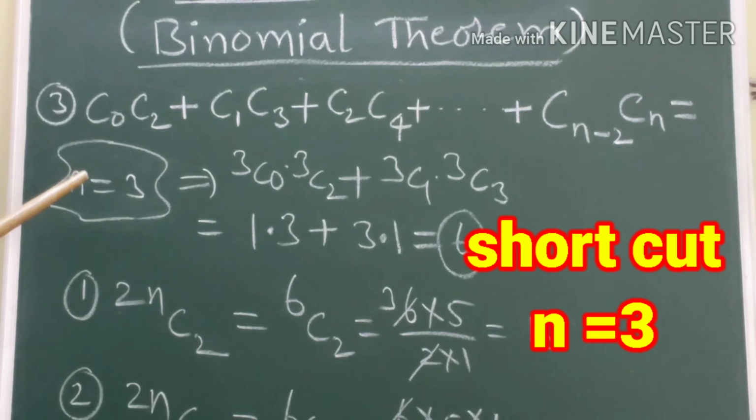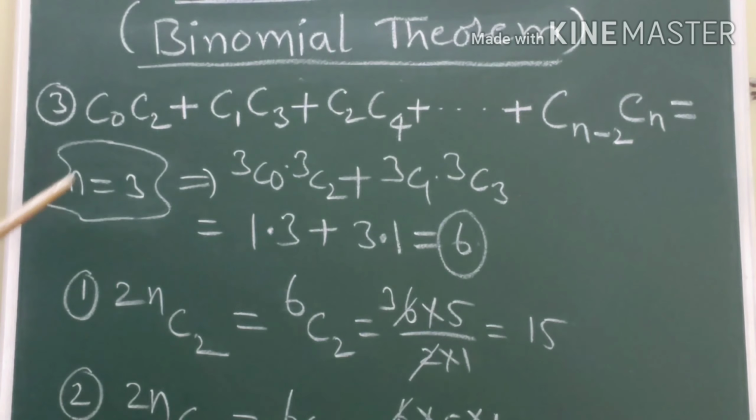Now let us apply the shortcut, n is equal to 3. You can substitute n is equal to 1 or 2 also, but here I am taking n is equal to 3. First of all, C0 means actually nC0, so 3C0 into 3C2, plus 3C1 into 3C3.